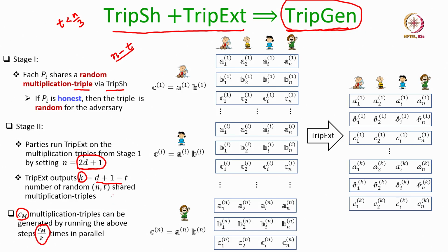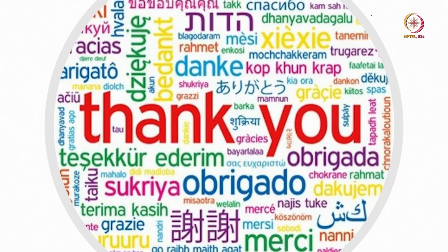Through one instance of stage 1 and stage 2 we get k triples. Hence, by running Cm over k instances in parallel, we will get Cm over k times k, which is equal to Cm, random secret shared multiplication triples. So, that is the idea behind the framework.